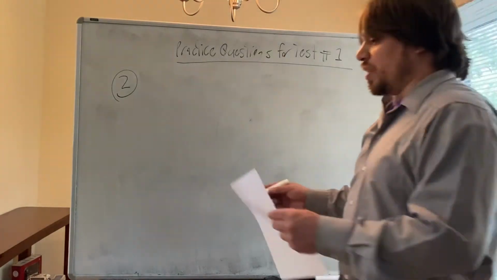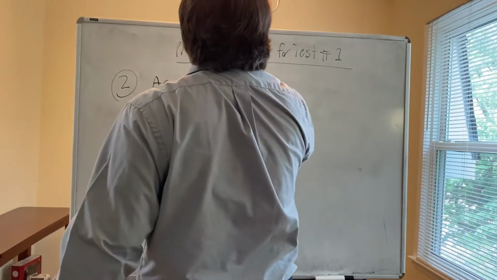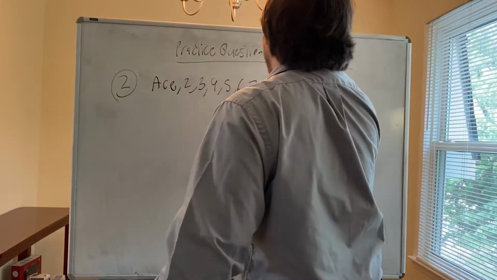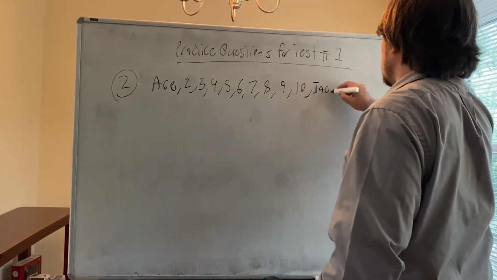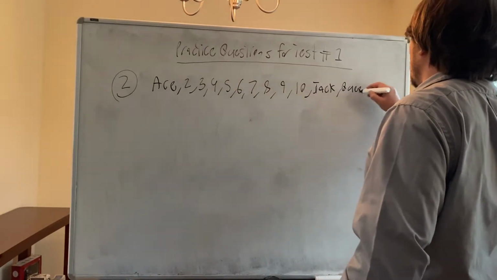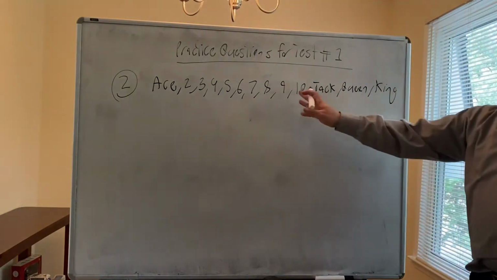The standard deck consists of the cards Ace, 2, 3, 4, 5, 6, 7, 8, 9, 10, Jack, Queen, King. Those are the 13 card values. Ace through 10 is 10, then 11, 12, 13.